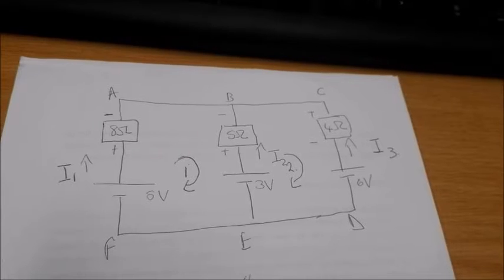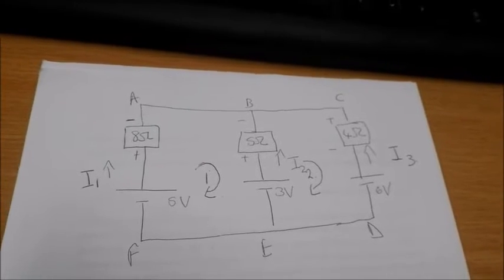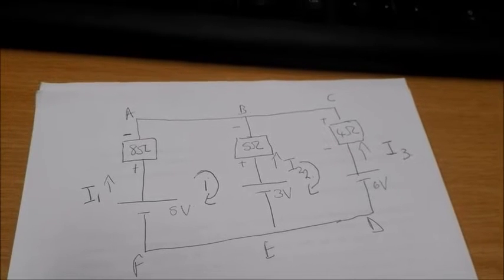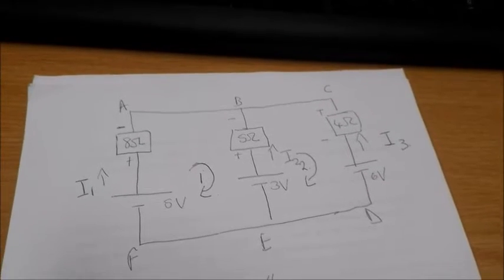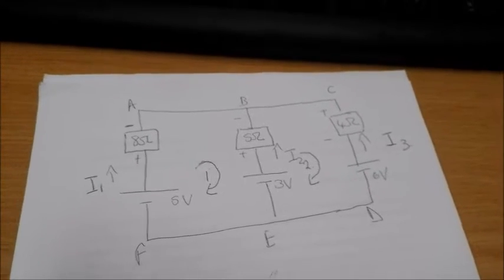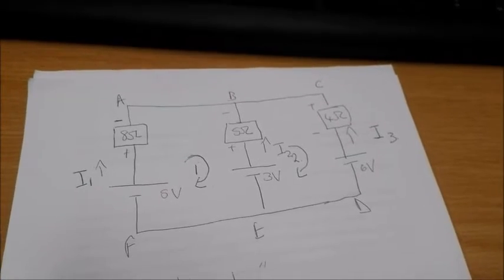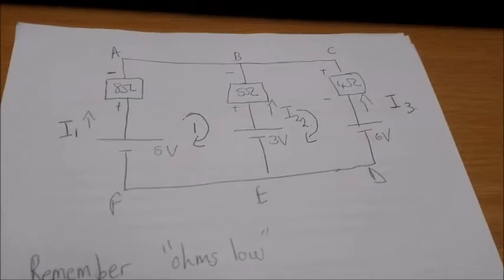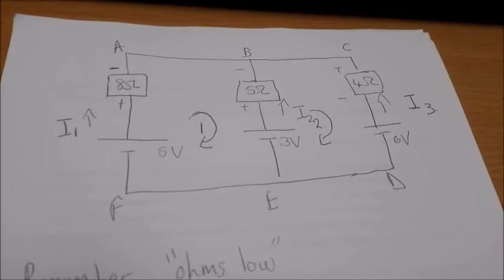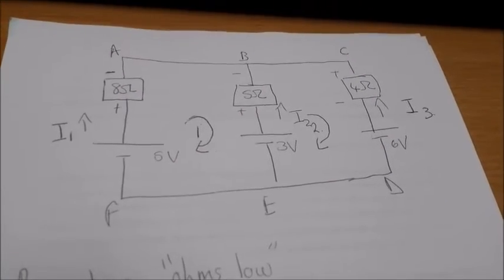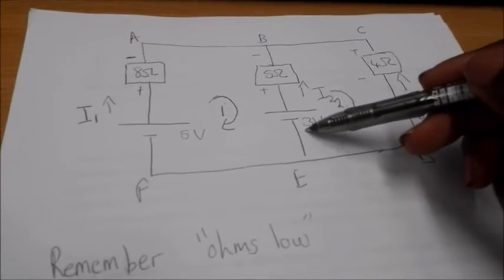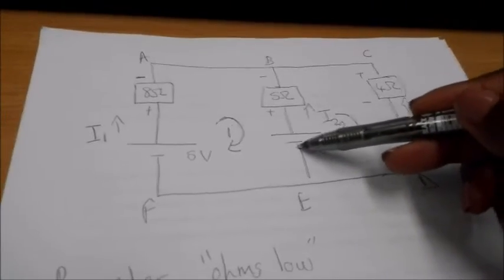Loop 2 again is going to be the loop from B, C, D, E, ending off again at B, which would look like that. To do the loop analysis between B, C, D, E, B, we will start off by saying current 2 is going to enter this power source from the negative point.